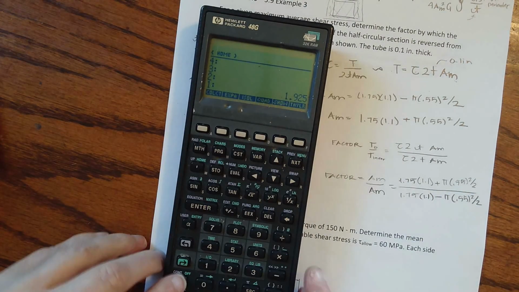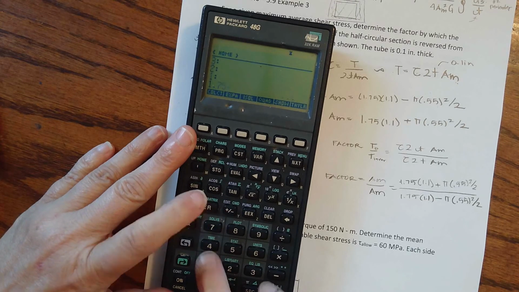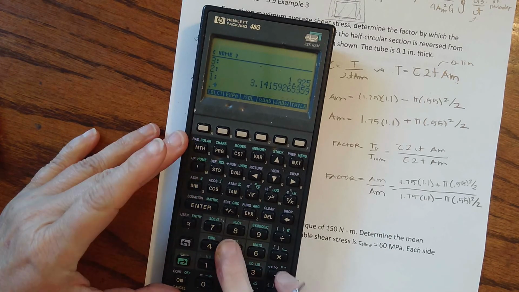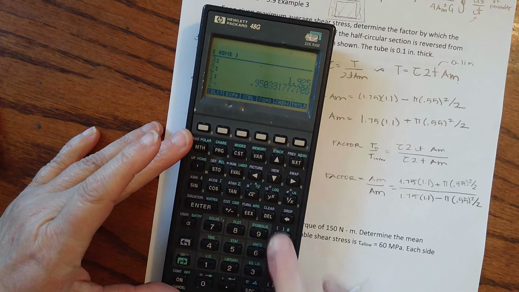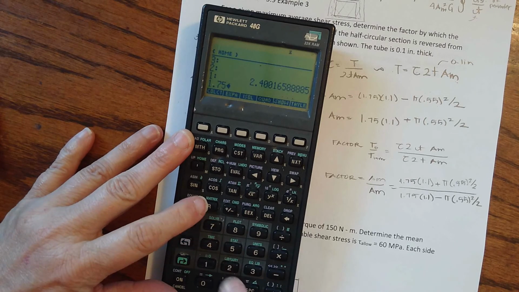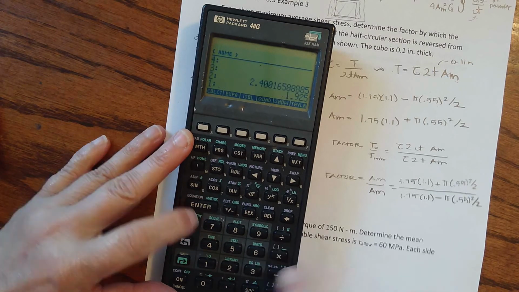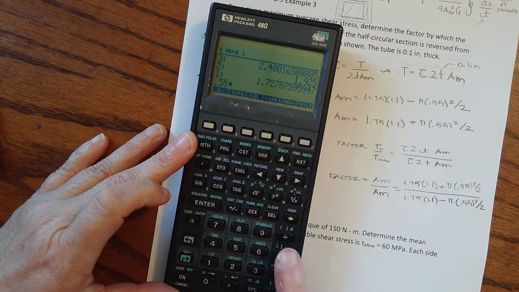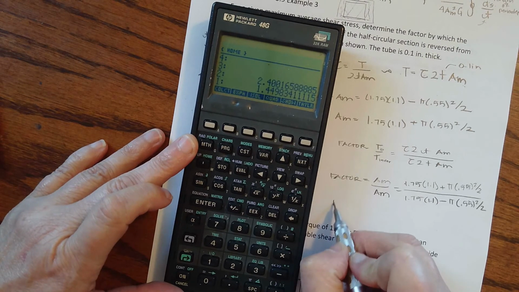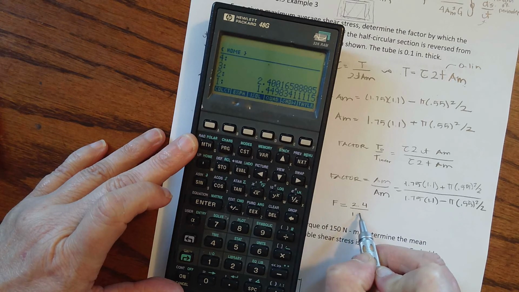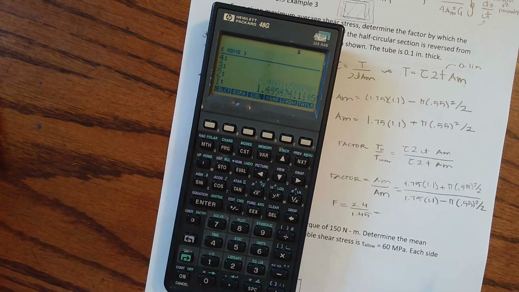So let's look at this factor. 1.75 enter, 1.1 times pi as a number, 0.55 times 0.55 times 2 divided by plus 1.75 enter, 1.1 times pi as a number, 0.55 times 0.55 times 2 divided by, this time we're subtracting, minus. So my factor is 2.4 divided by 1.45 and 1.66.